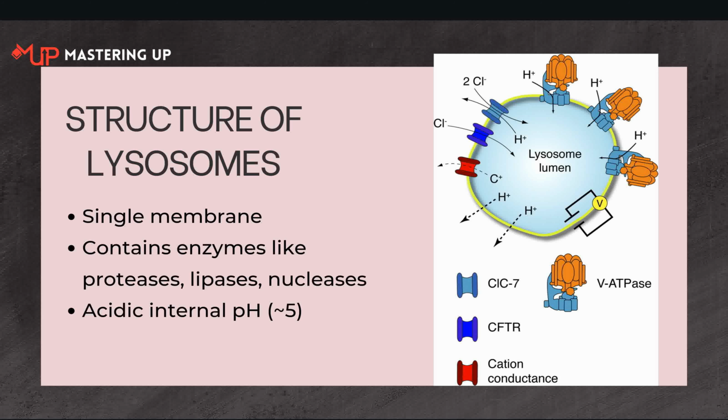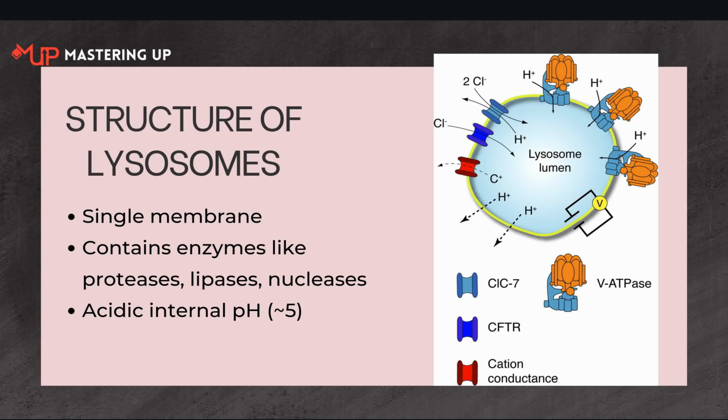The membrane prevents these enzymes from digesting the rest of the cell. These enzymes include proteases, lipases, and nucleases. In the illustration, you can see the mechanism through which the acidic pH is maintained in the lysosome lumen.